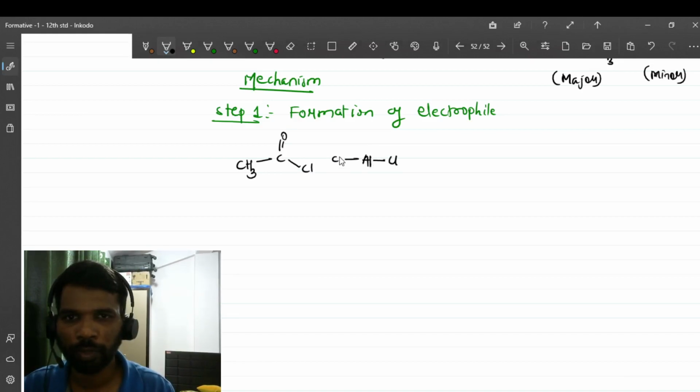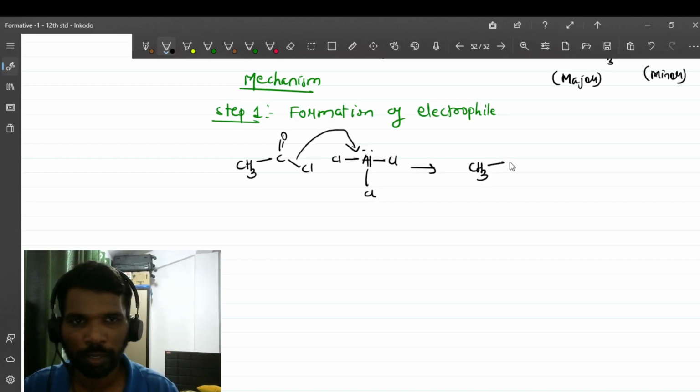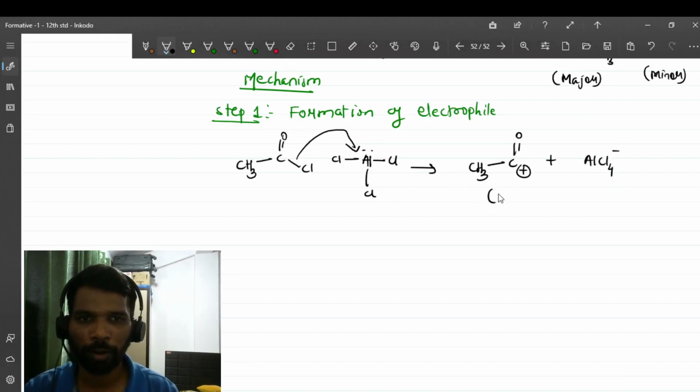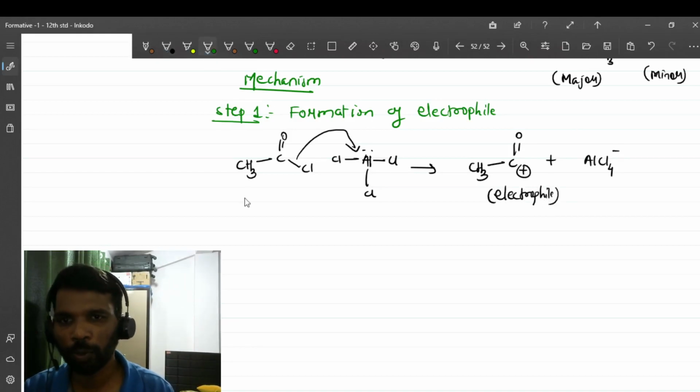This is a Lewis acid, which is always in need of electrons. So this is electron rich and this is electron deficient. So what is formed is CH3, C double bond O plus, and AlCl4 minus. So this is the electrophile which is formed, right?